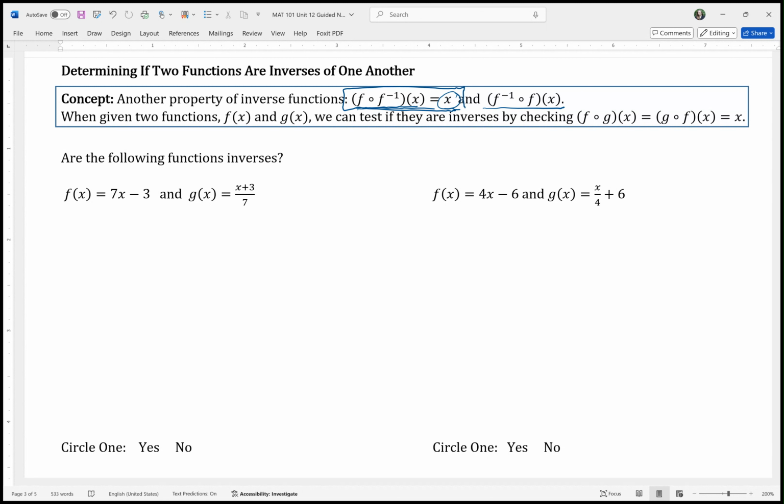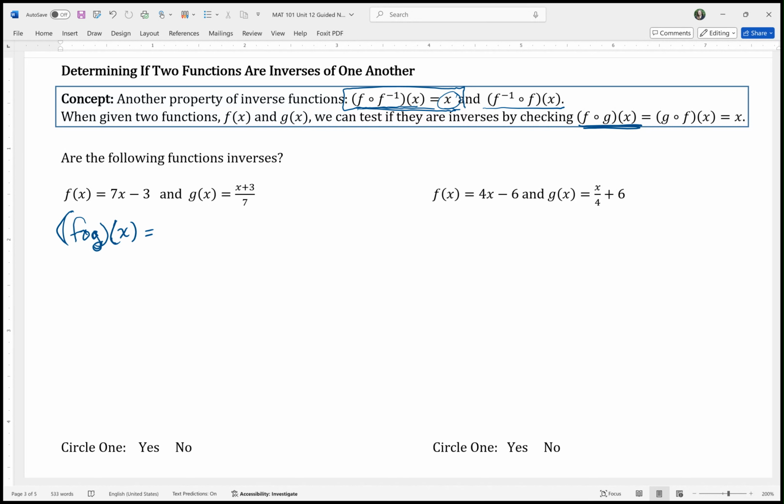Are the following functions inverses? So f of x is 7x minus 3. g of x is (x plus 3) over 7. So we want to do f of g of x. Now remember how we do this.